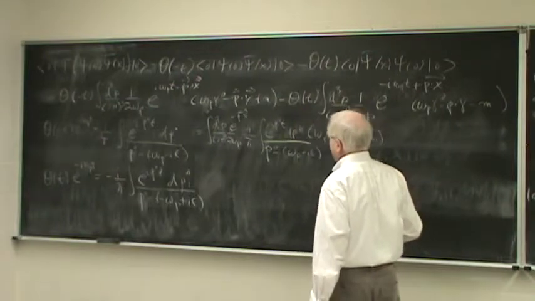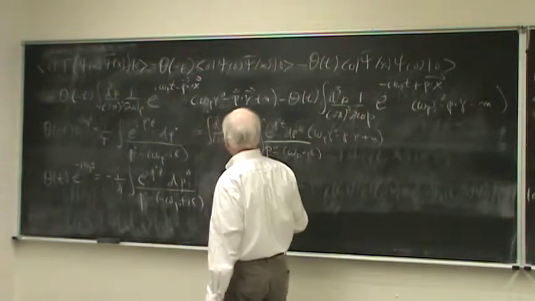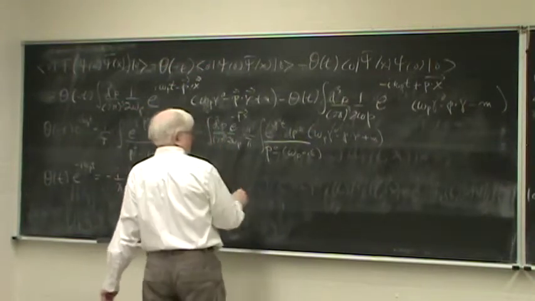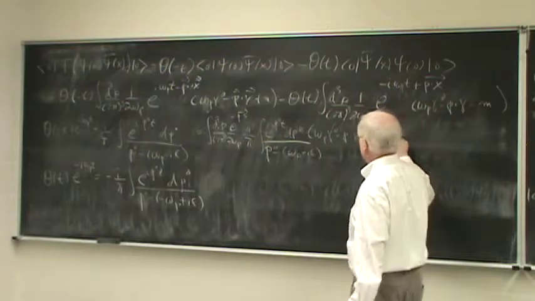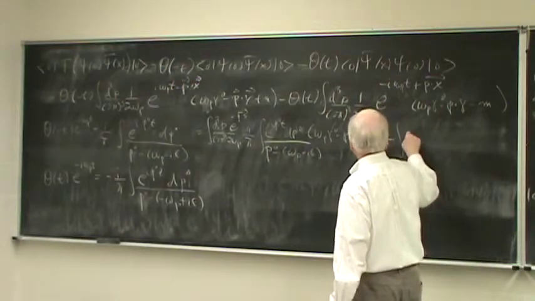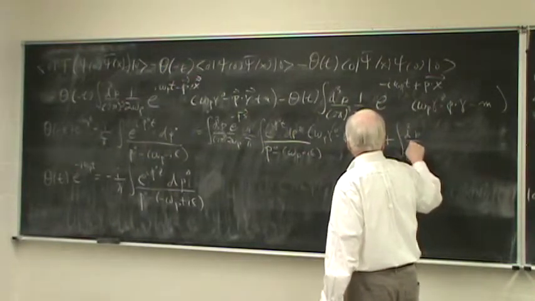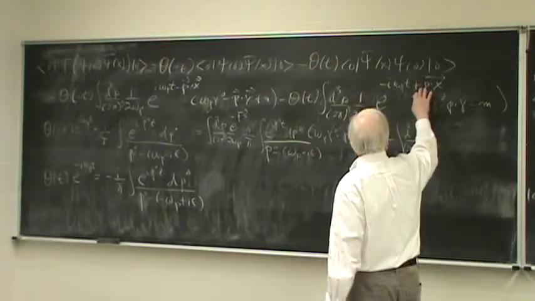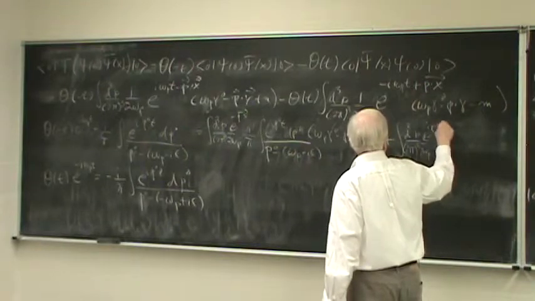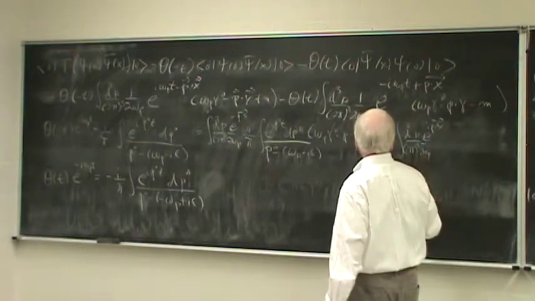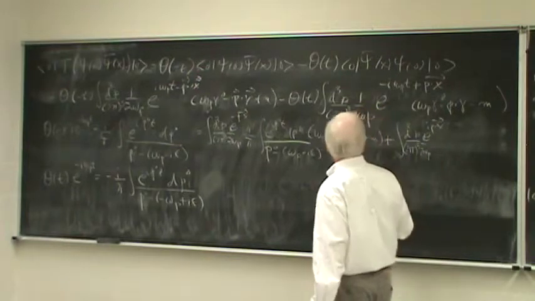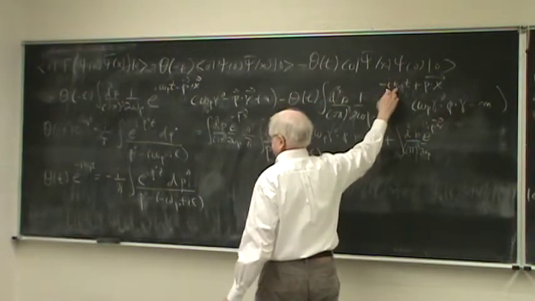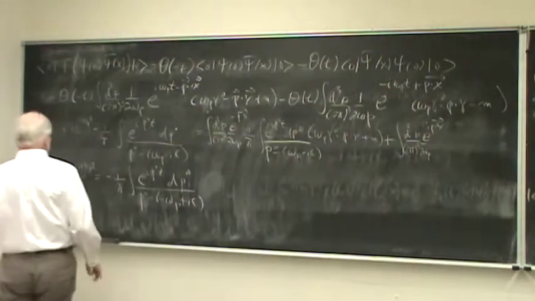Okay, and now we can add in the second term, and maybe I'll do it this way. Integral d³p over (2π)³ times 1 over 2ω_p is an e^{ip·x}, so the phase is different there. And now we have minus theta of t e^{-ip·x}, ω_p t.